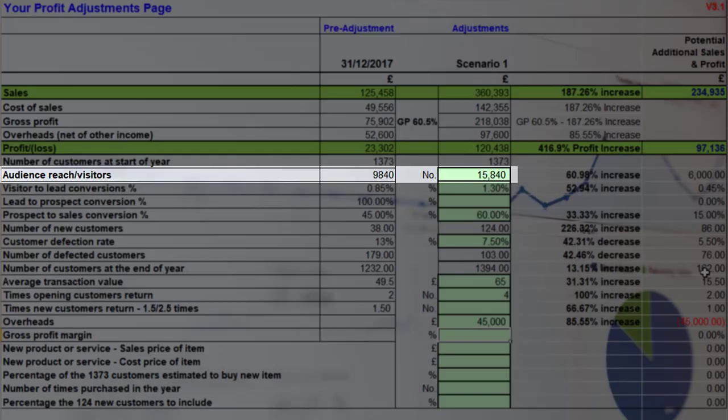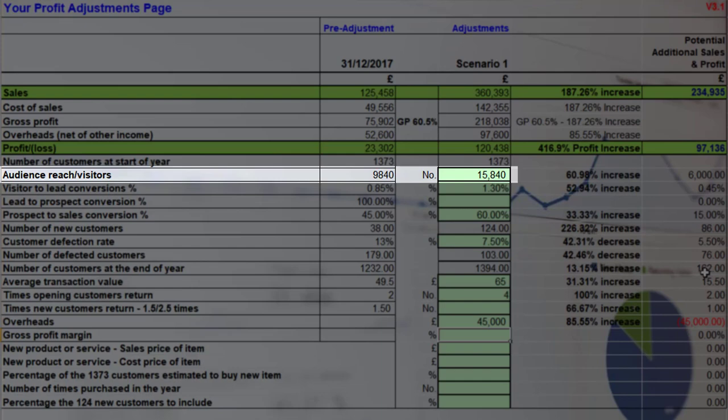So starting off with our audience reach or visitors, we increased that by 6,000, which is 500 per month. Now that's very achievable, and by doing some work on your website, perhaps you haven't got a blog or you don't blog enough, perhaps you don't have a Facebook page, perhaps you don't have Twitter or Instagram.